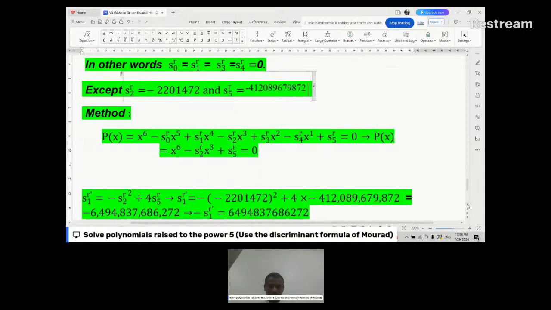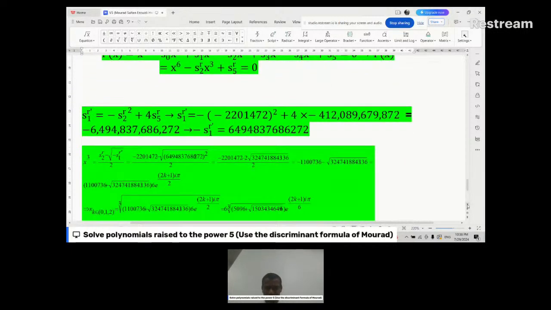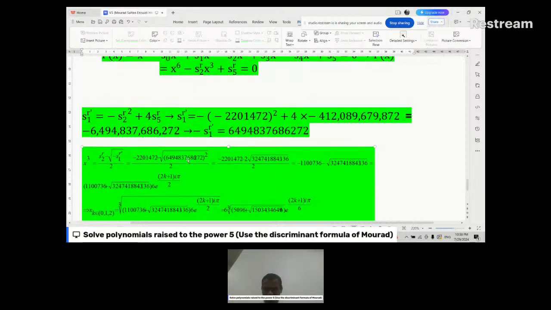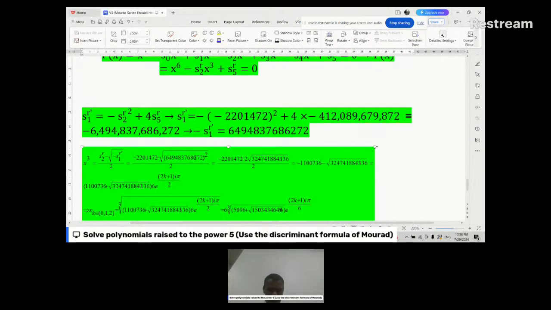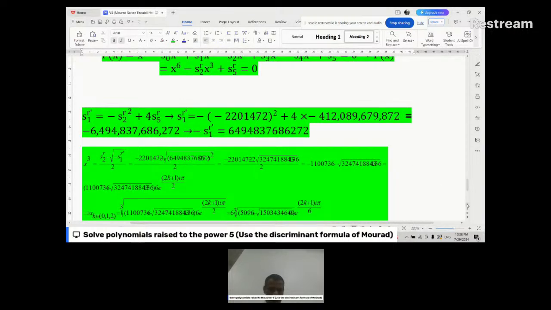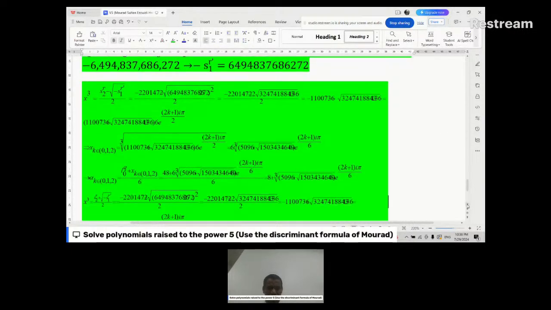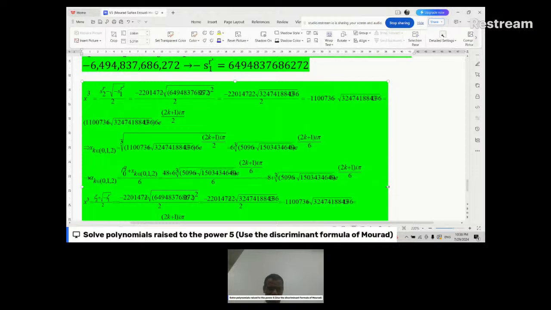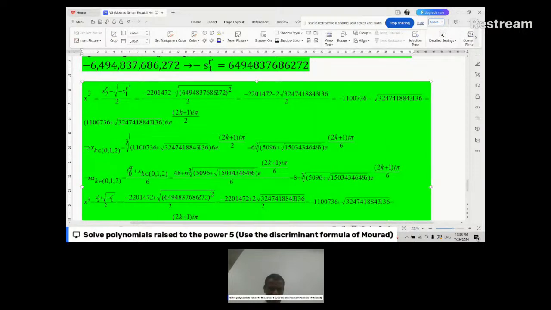By the way, we obtain this one, and I will just extend it. Now it's clear. We obtain x raised to the power 3 equal s2 minus root of negative s1 of order r, divided by 2.